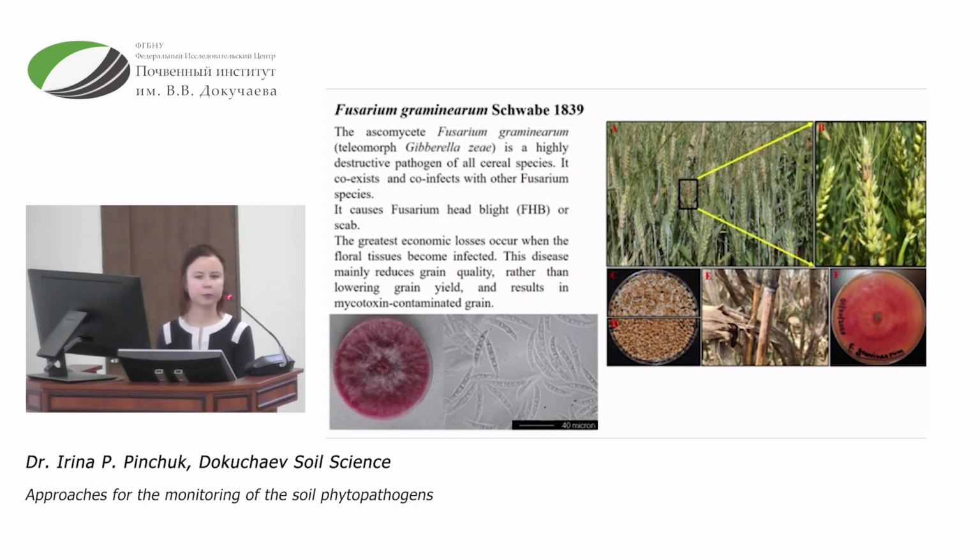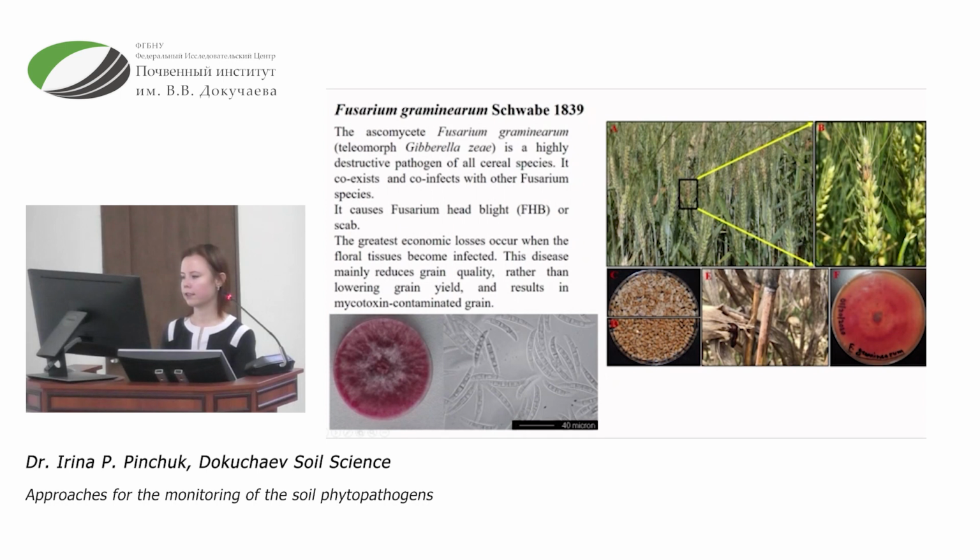The next will be Fusarium graminearum, also Fusarium, but a bit more concrete. It mostly attacks crops like barley or others, and it is a huge problem for different countries.